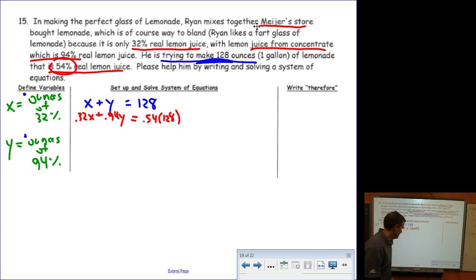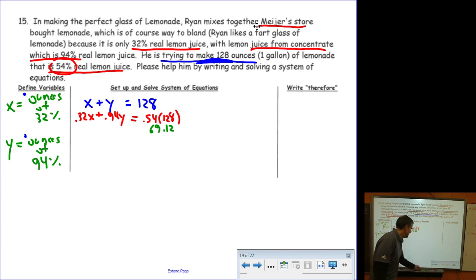And now I'm ready to go ahead and solve this, but I'm going to need to figure out what is 0.54 times 128, and that turns out to be 69.12. I know some of you like to do this by substitution, some by elimination.